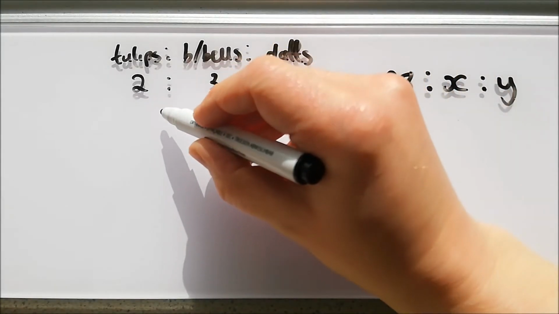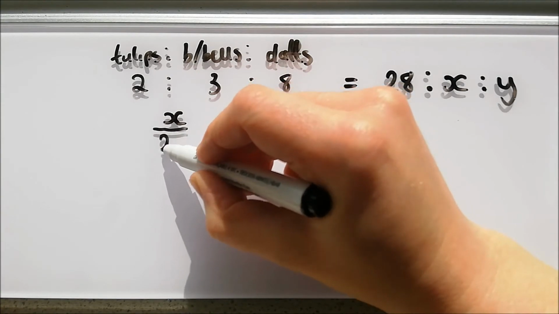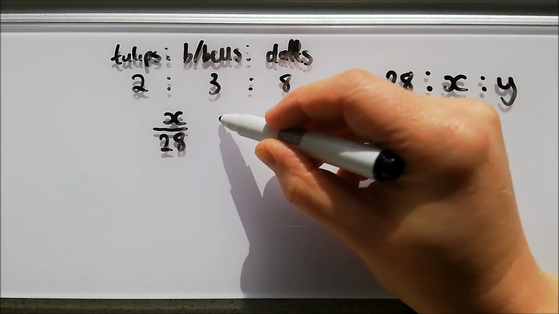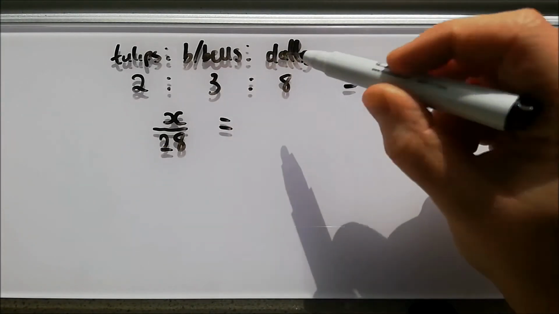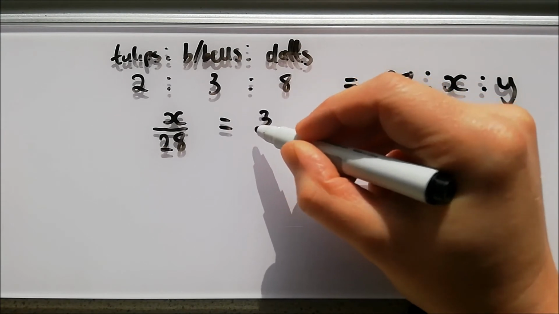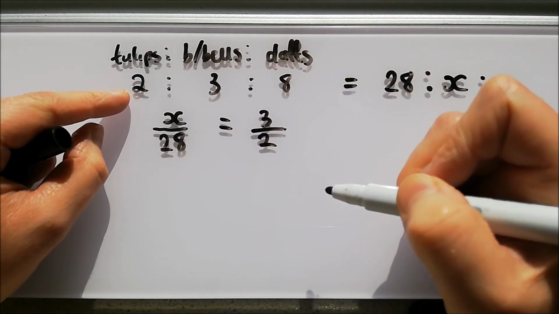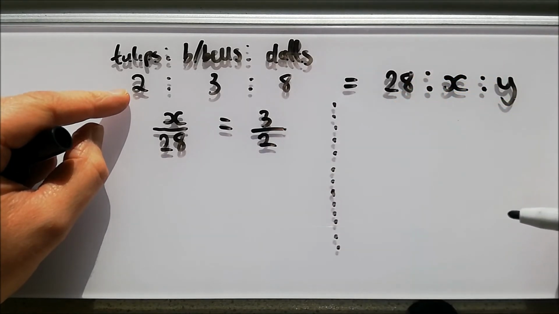So dealing with the X first, I'm going to put X over 28 using these parts equals X is in the middle, so I pick the middle one, and 28 was on the left, so I pick the left one. So that's going to make the working out for the bluebells.